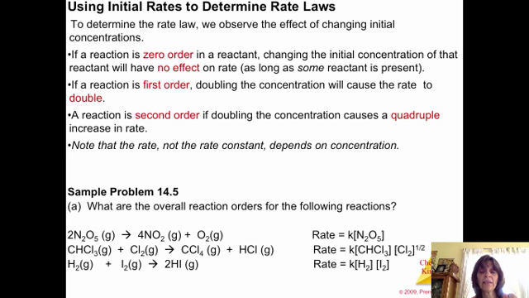So if we look at these examples here, just to use the rate law equations, this is the rate law for this reaction right here. Notice that the rate law does not obviously have a direct correlation to the reaction itself. The 2 as a coefficient on the N2O5 does not always translate into what the coefficient would be in the rate law.